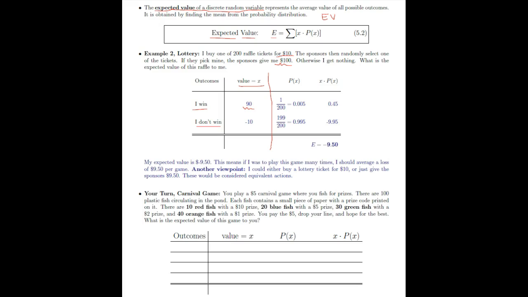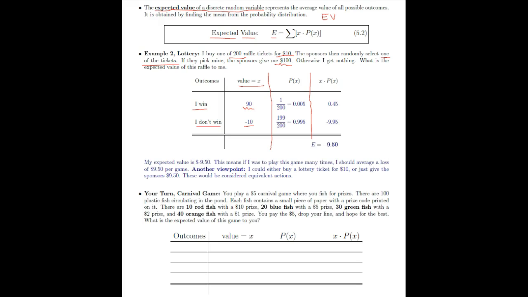And what's the value associated with not winning? Well, if you lose, then you just lose your $10. So your net outcome is negative $10. Now let's talk about the probabilities associated with each outcome. There are 200 raffle tickets, and the sponsors randomly select one of the tickets as a winner. So what's the probability of winning? It's 1 out of 200.